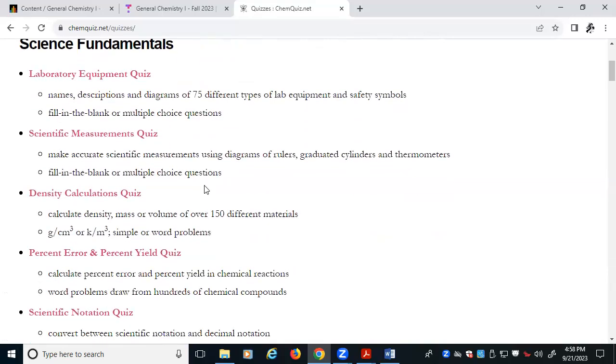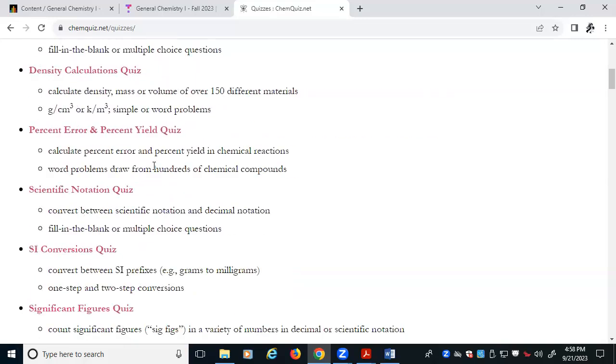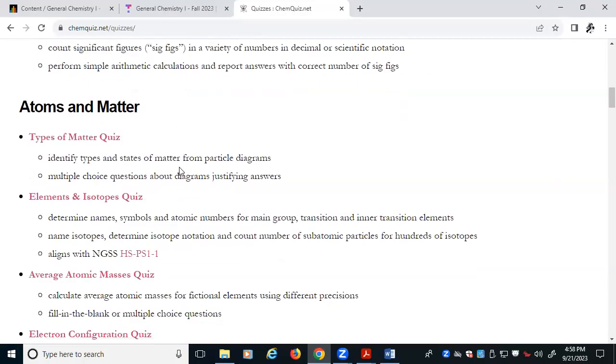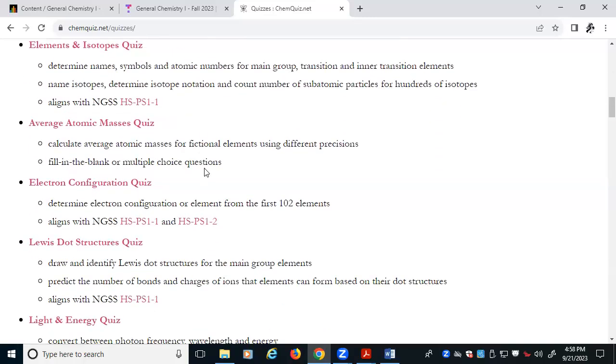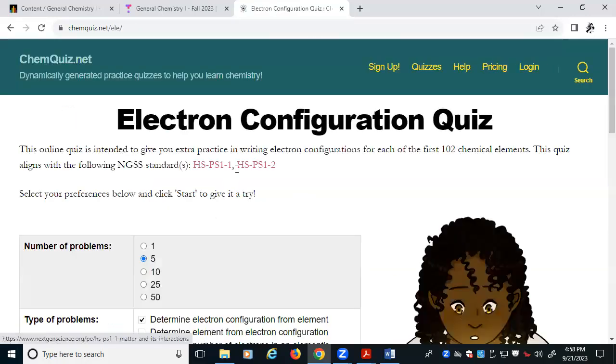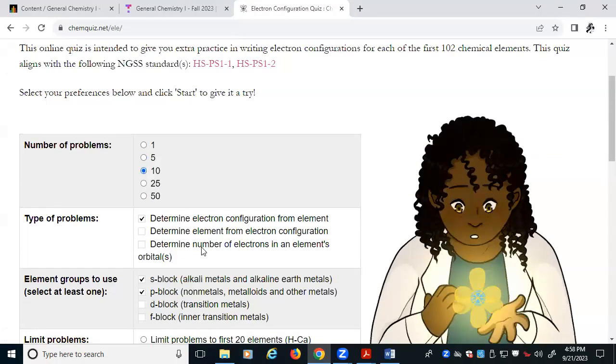But if you're looking for additional kinds of problems where you recognize, boy, I'm really having trouble with this, you have the ability through Chem Quiz here to go back and look at extra practice problems. And remember, this is self-generative. So if you want extra electron configuration practice, you can make yourself a little 10-question quiz.